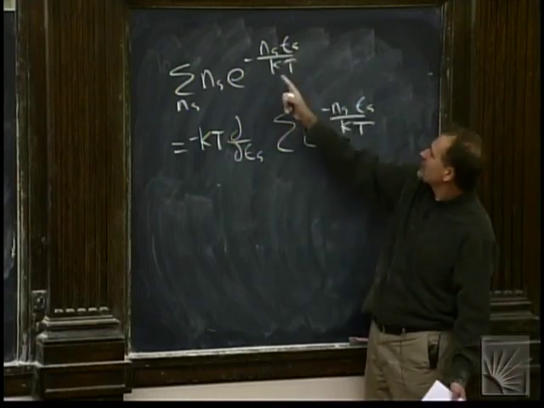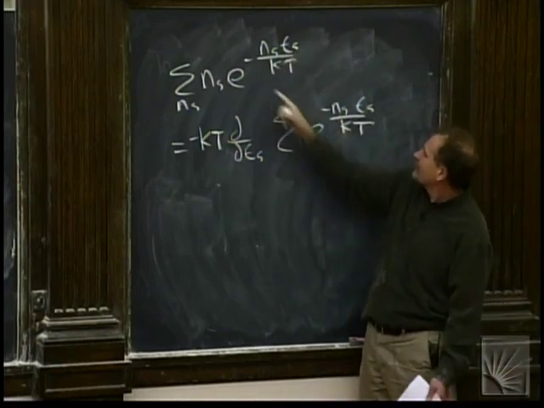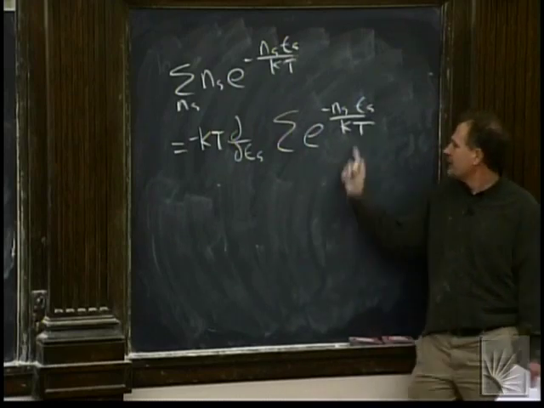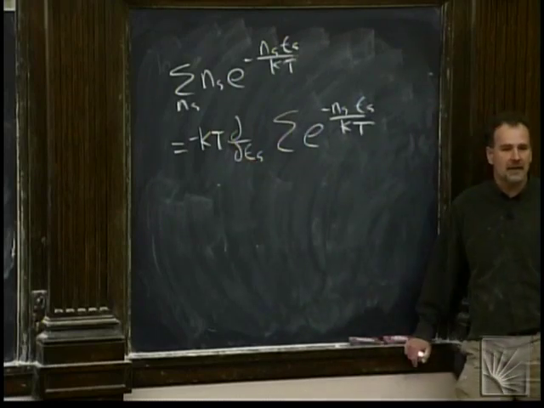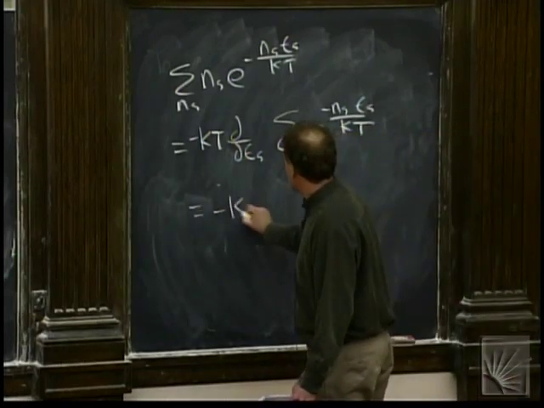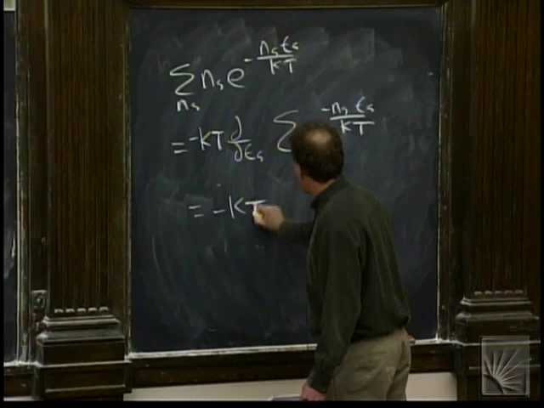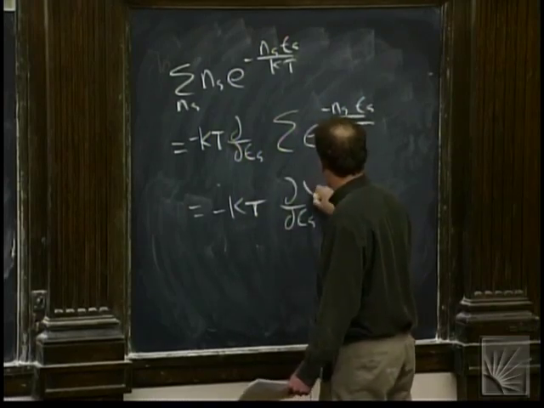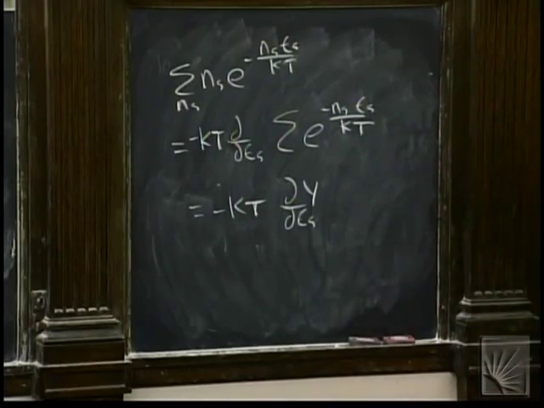If I take the derivative with respect to energy, n comes down, right? So can you see that that's all that is? And then the kt, I better write a minus kt there. All right? So this is equal to minus kt d by des of y, which is 1 over 1 minus x.